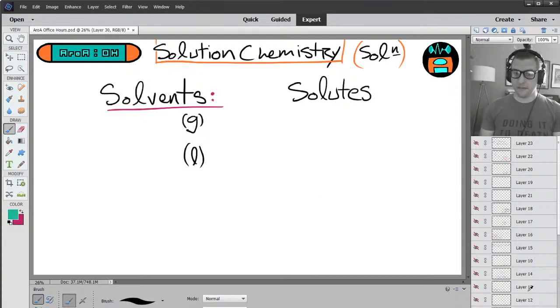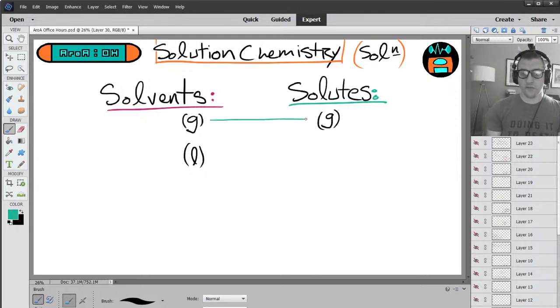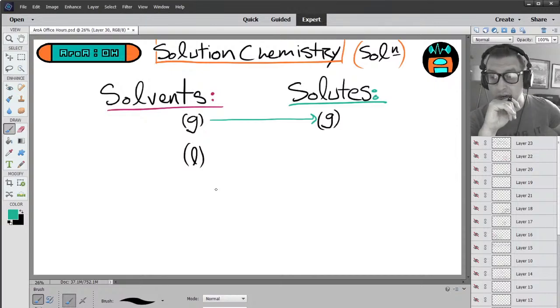So, for example, a gaseous solvent can only dissolve gaseous solutes. So a gas can only dissolve other gases. A gas cannot dissolve a liquid. A gas cannot dissolve a solid. So though a gas can be a solvent, the only type of solute it can dissolve are other gases. And you might be going, that's weird.